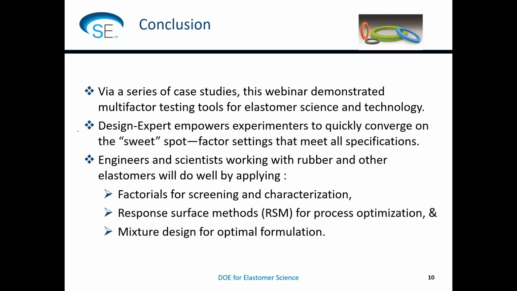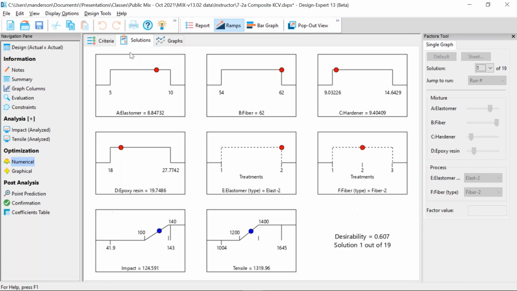Design Expert certainly empowers you to make use of these tools because of its dedication to the use of the multi-factor tools. And ultimately, what it'll do is it'll give you a sweet spot, which are factor settings that meet all your requirements. And that sweet spot is going to be shown in the graphical overlay.